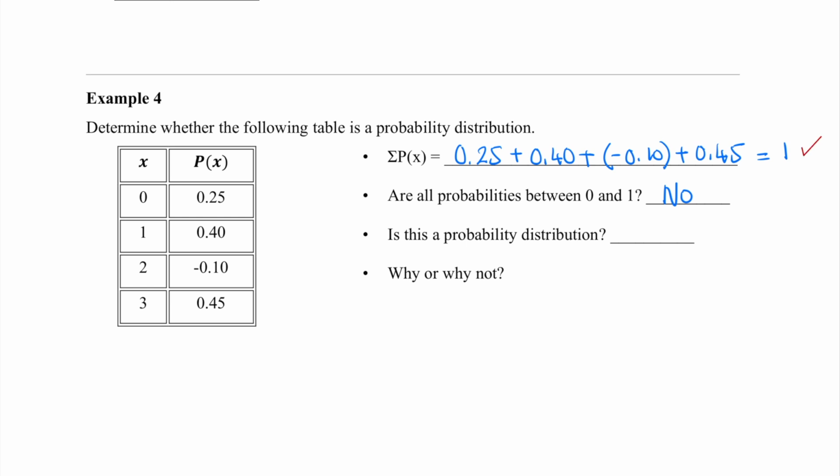The second condition is not. So this table is not a probability distribution. Why not? Because probabilities cannot be negative. Even though the probabilities add up to 1, all probabilities must also be between 0 and 1.